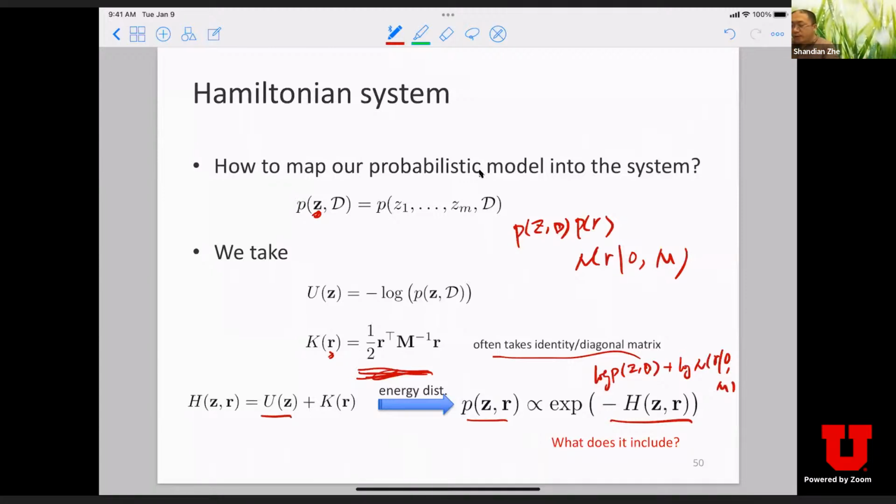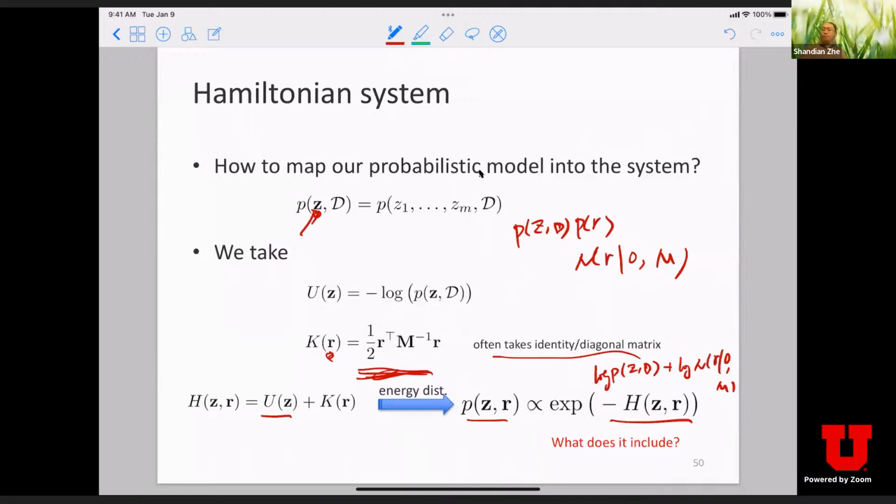So in this way, we construct a Hamiltonian system for our probabilistic model. The position vector corresponds to the random variable in our probabilistic model, and the kinetic variable is some additional independent random variable, which comes from a Gaussian.